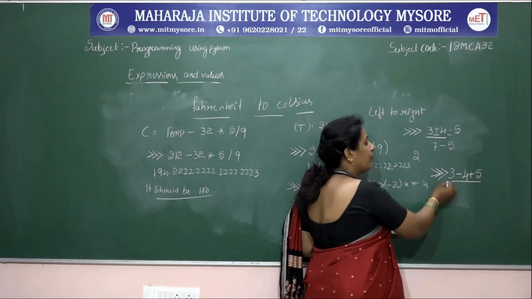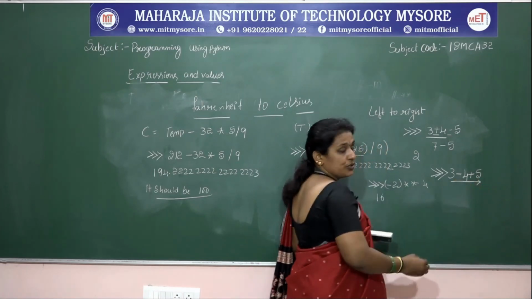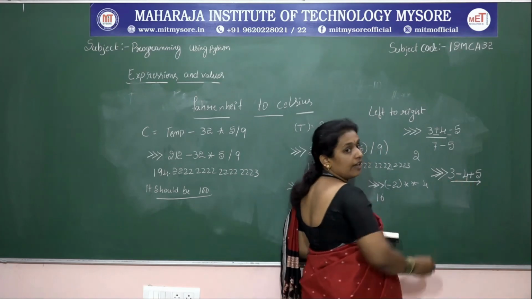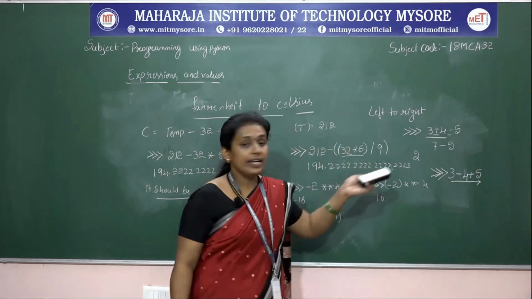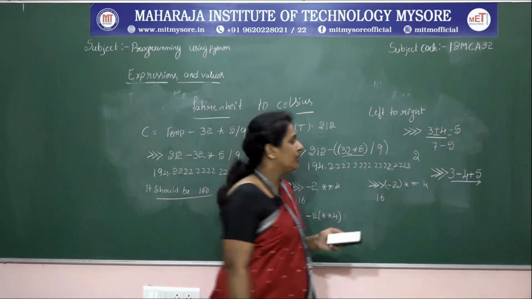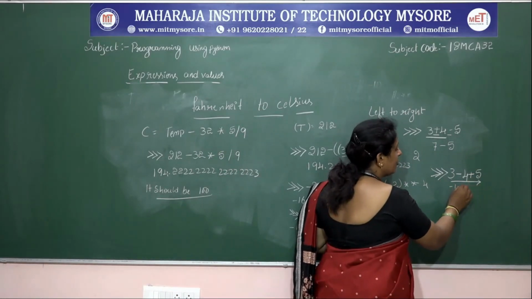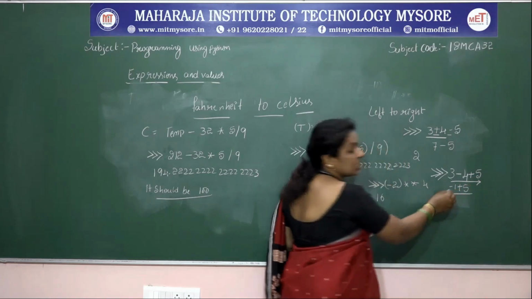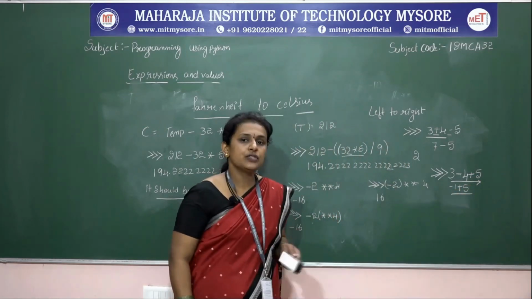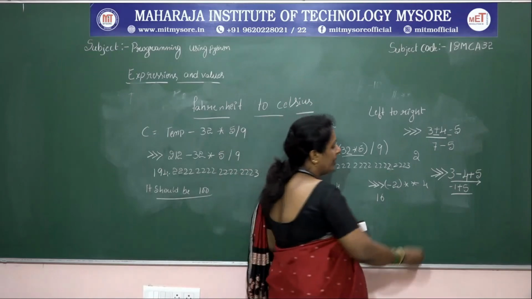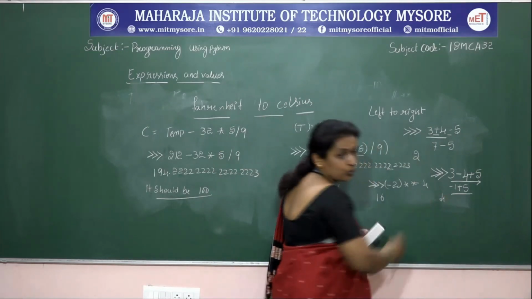So this will be executed from left to right. First these two are evaluated: 3 minus 4 gives minus 1, and next we have plus 5. Minus 1 plus 5 gives the answer 4.